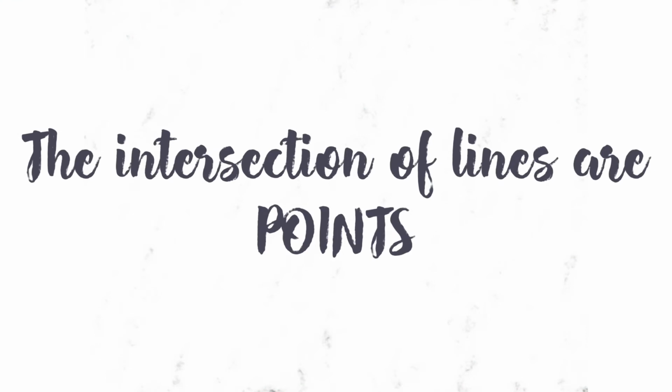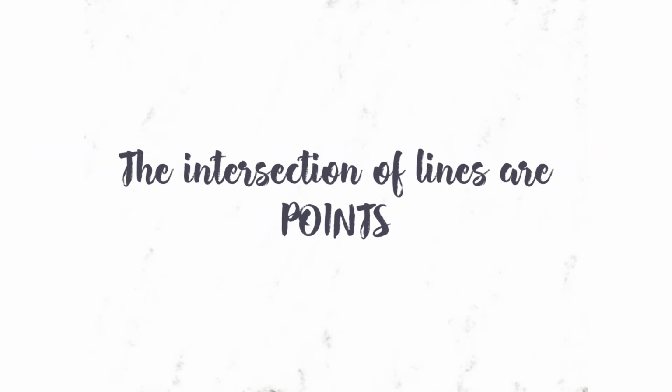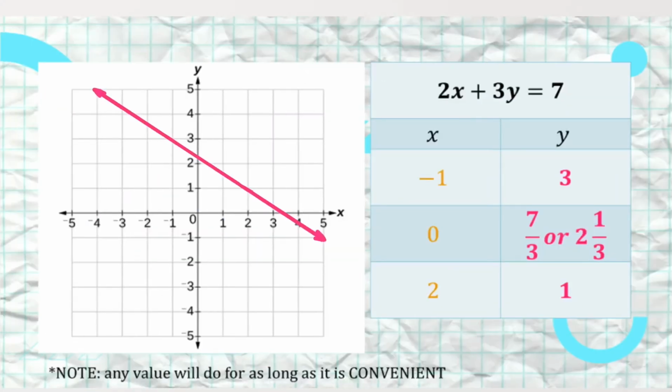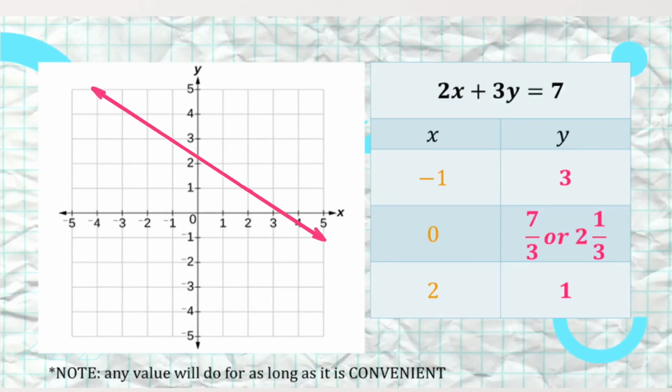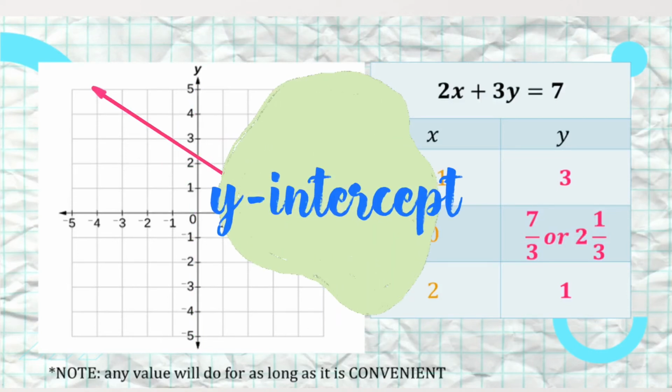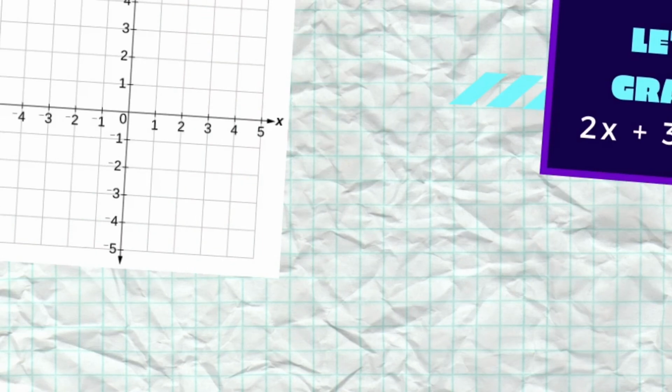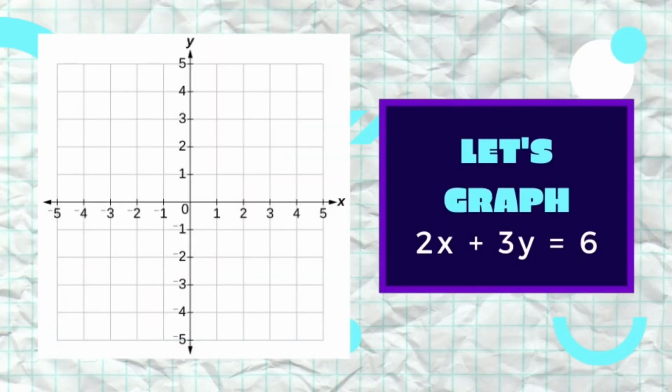Lines intersect at points, and if the graph intersects the Cartesian plane at its x-axis, it's what we call the x-intercept. If the graph intersects the Cartesian plane at its y-axis, it's what we call the y-intercept. We can also use these intercepts in drawing our graph.